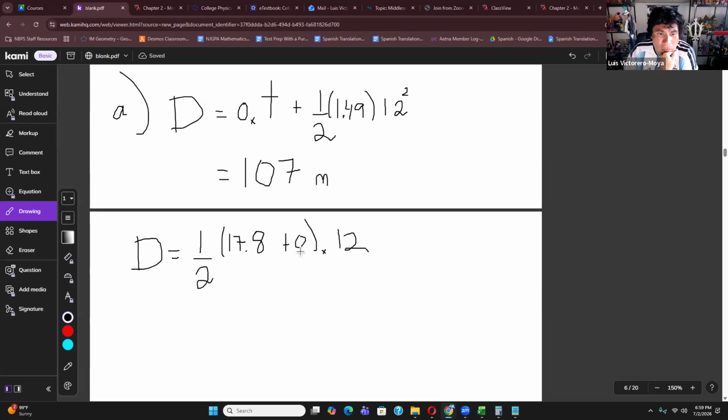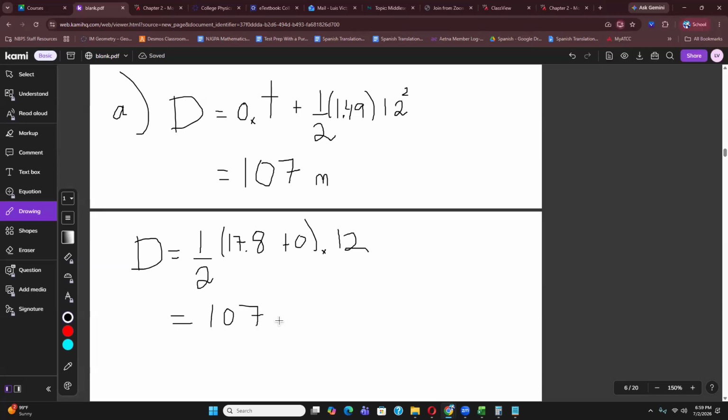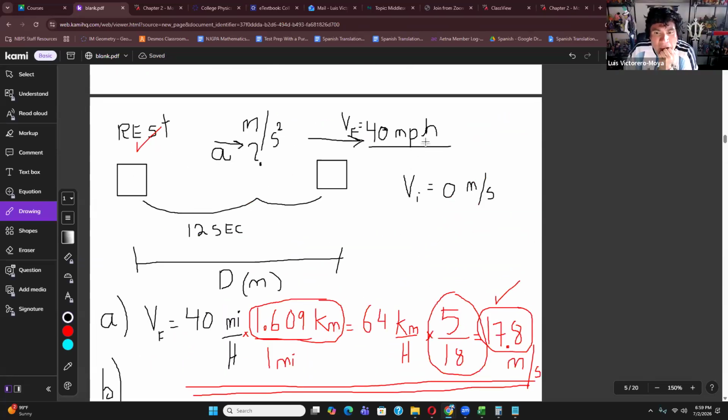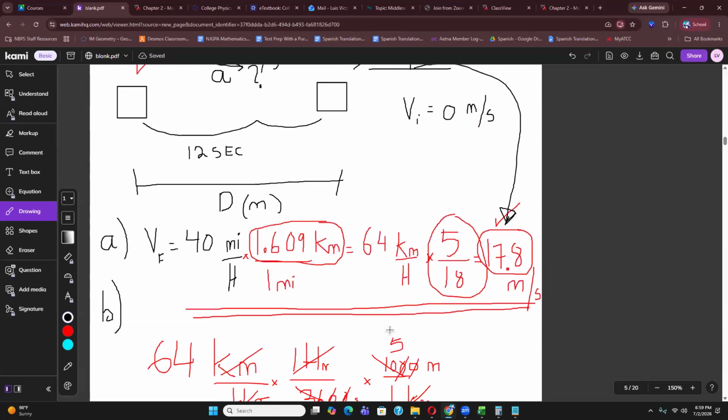Yeah, you get the same, 107. Why was v final 17.8 and not 40? Because you have to convert from miles per hour to meters per second. Oh, right. Okay, perfect. Thank you.